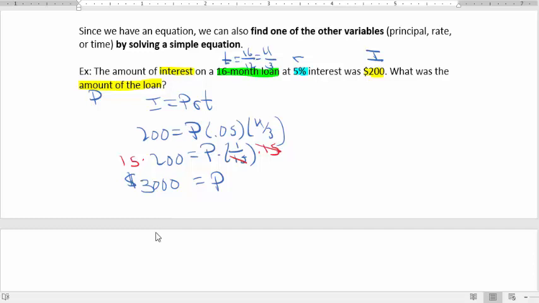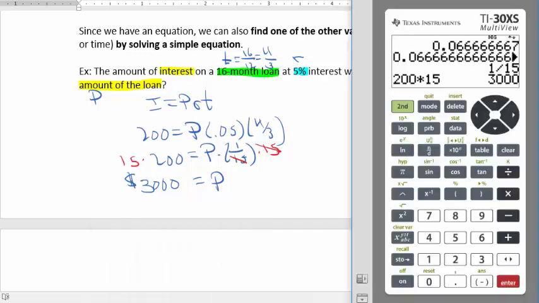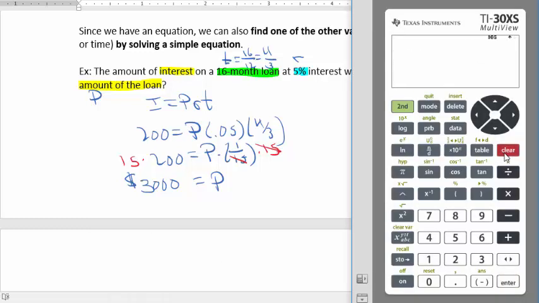Okay. Now you could have also done that on the calculator a different way. If you had wanted to do the 0.05 times 4/3 first, and then realize that I'm going to have to do 200 divided by this answer, I can type in 200 divided by ANS, and you see where it says ANS above that negative sign. So I do second negative sign, and it's also going to give me the 3,000, right?